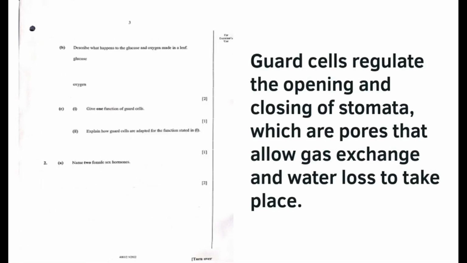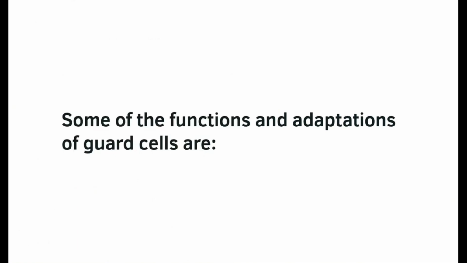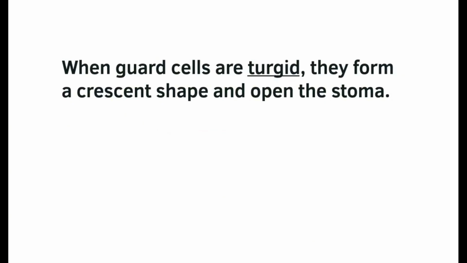Guard cells regulate the opening and closing of stomata. So it means that they are responsible for gaseous exchange and water loss. Explain how the guard cells are adapted for their function. So the adaptation is that when guard cells absorb water, they become turgid.